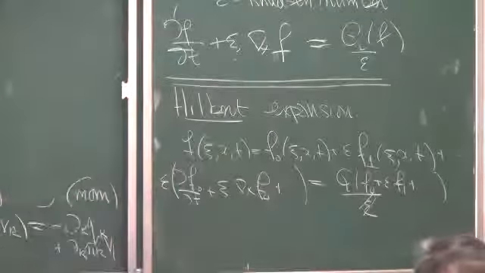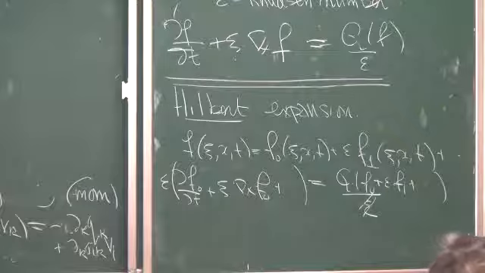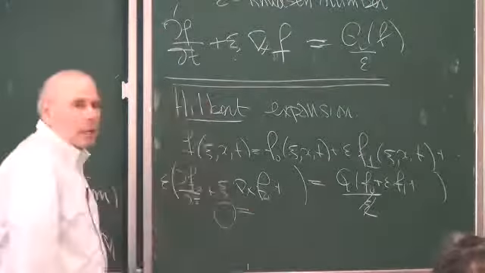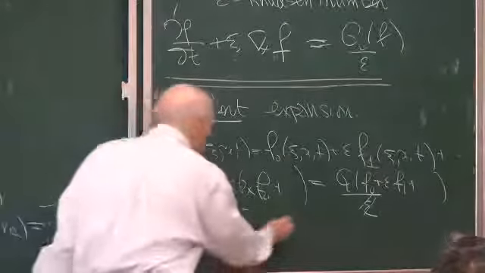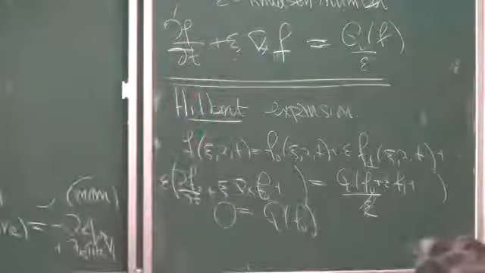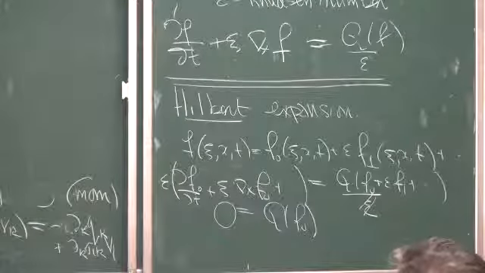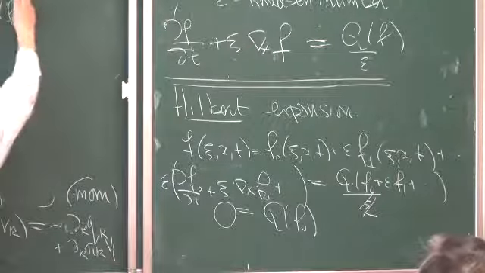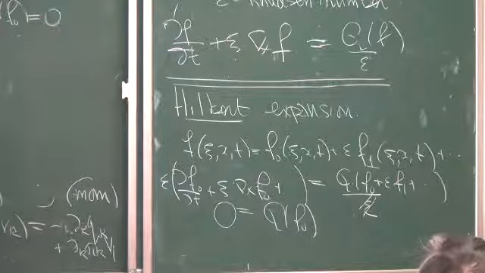Let epsilon go to 0, and on the left-hand side, if everything is nice, we would get 0, and on the right-hand side, if everything is nice, we get q of f0. So we at least know the first term in the expansion: it is the solution to the equation q of f0 equals 0.